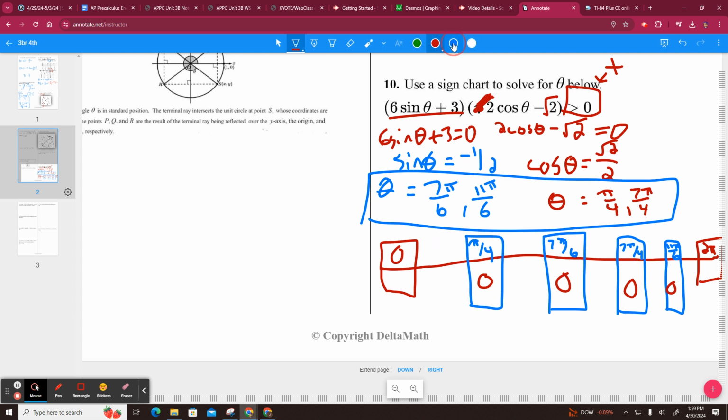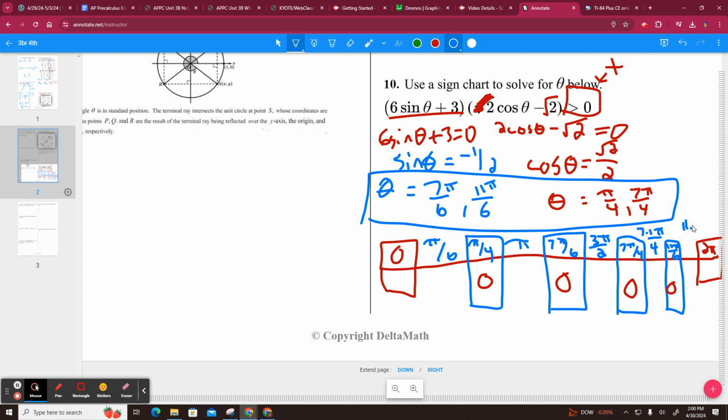And then I just choose any values between these. So pi over 6 is between that. Pi is between these. 3 pi over 2 is between these. And 7 pi over 4. Now, there's nothing between 7 pi over 4 and 11 pi over 6, so I'm just going to use 7.1, just 0.1 more, 7.1 pi over 4. Same thing with 11 pi over 6 and 2 pi.